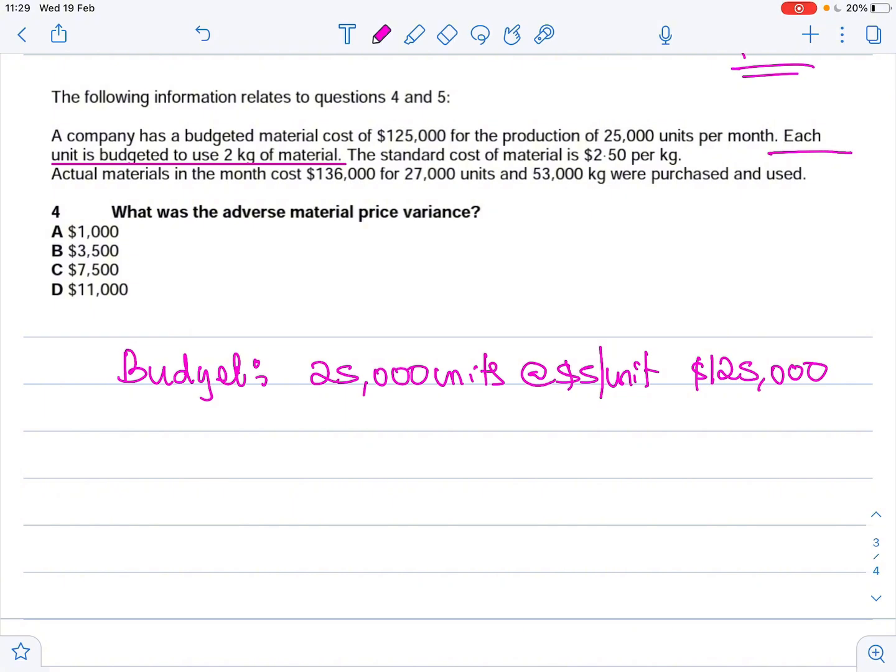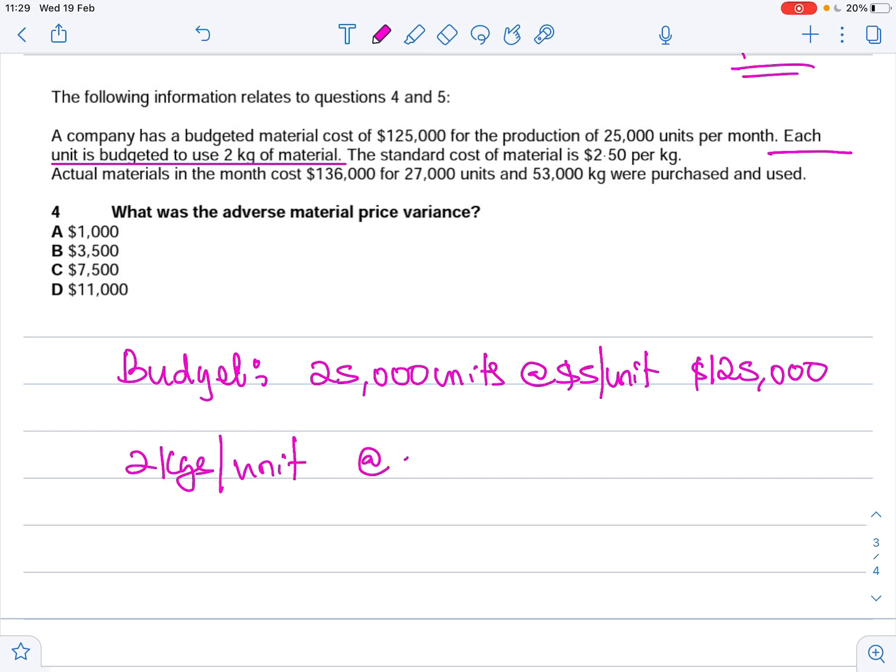So we are telling them that, guys, you use 2 kgs to produce 1 unit. Okay, and then it goes further to say the standard cost of material is $2.50 per kg.